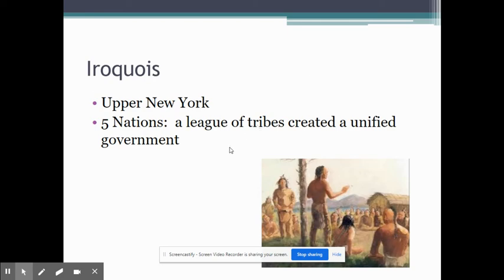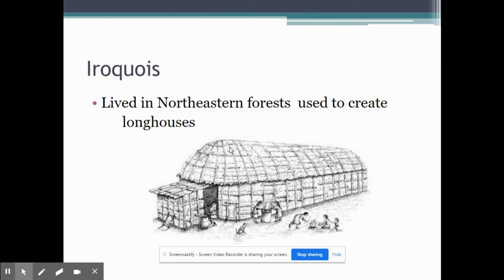A couple more things that I would want you to know from our reading of the Iroquois. Since they did live in forests, they used that climate zone to the best of their abilities. We think of Indians, we think of living out on the Great Plains with hides of bison and deer, with teepees. The Iroquois lived in wooden houses.